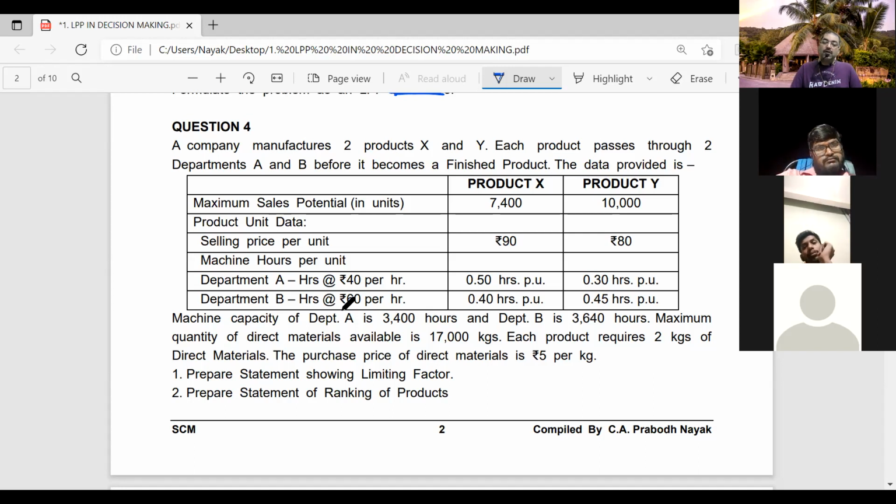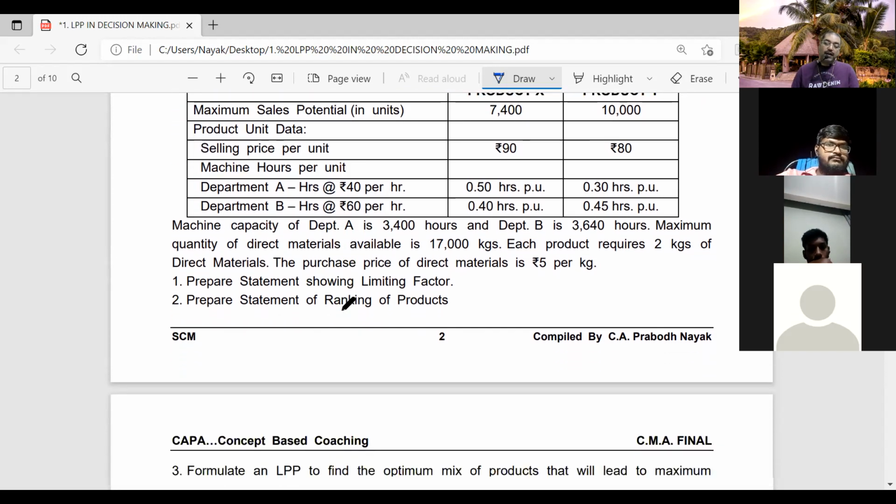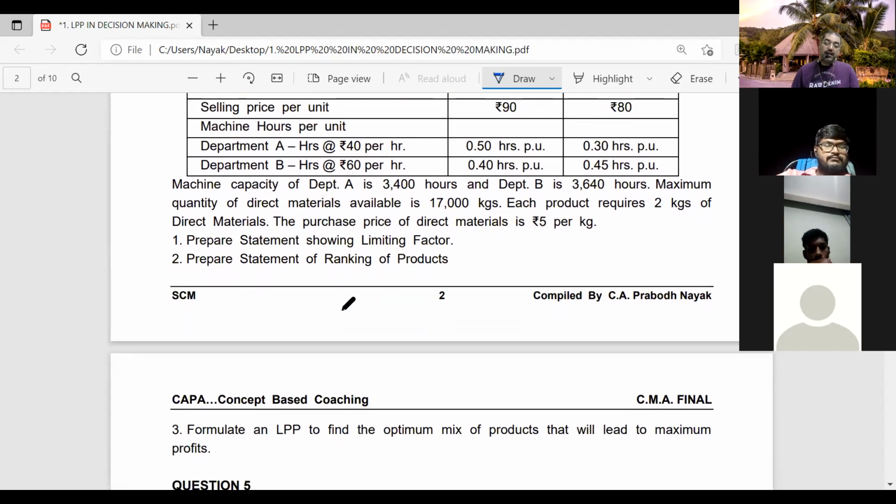Now, what is the question? They're saying prepare statement showing limiting factor. Second is prepare statement of ranking of products.